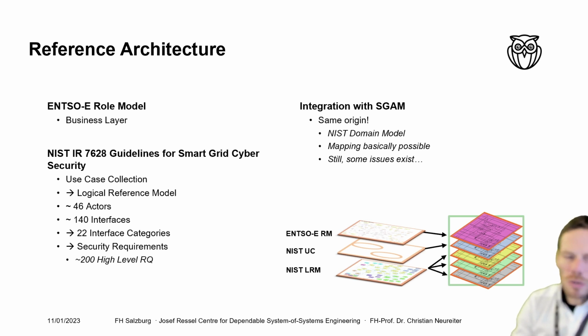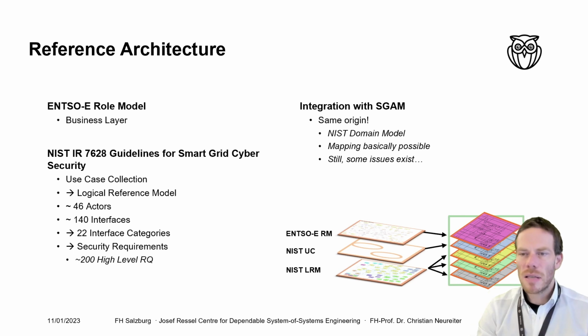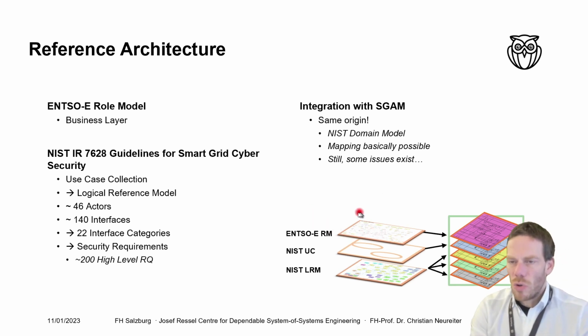And with the knowledge of these elements, now we can start to combine them and derive one reference solution that can be aligned with the SGAM as modeling framework. So basically, on the level of the business layer, we can use the ENTSO-E role model, which identifies all the particular business roles that are being used.